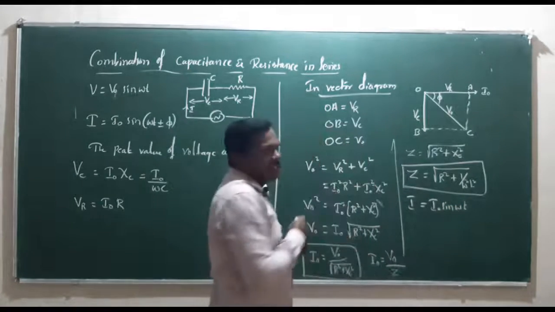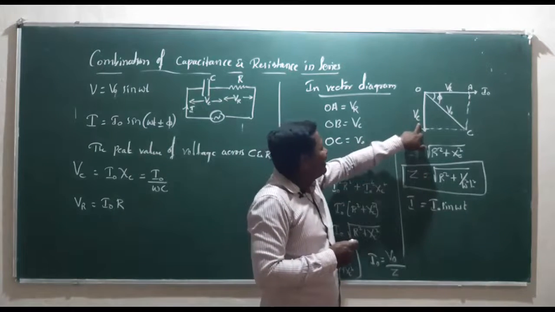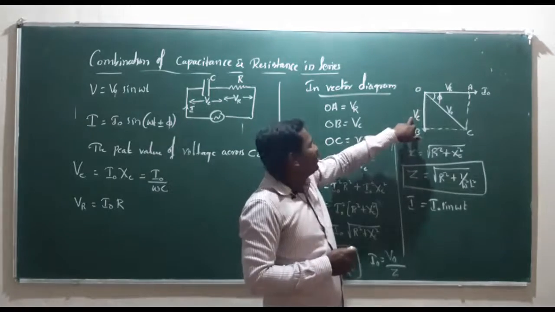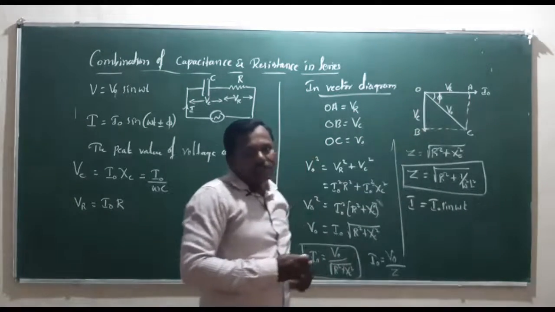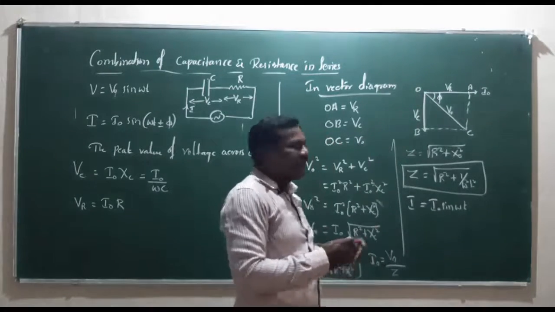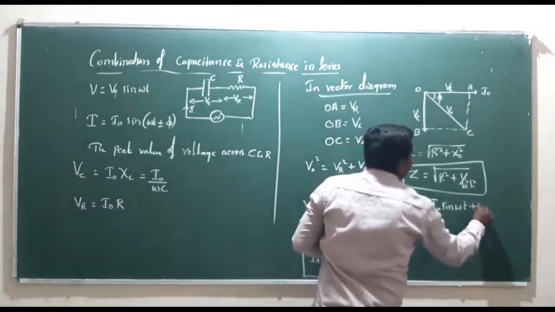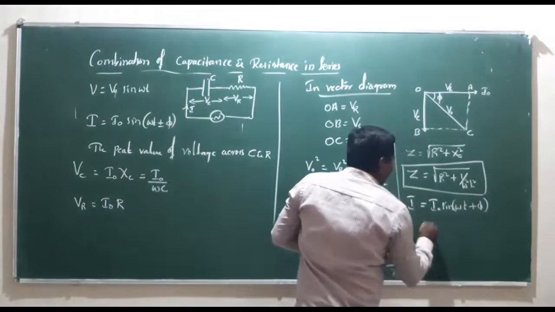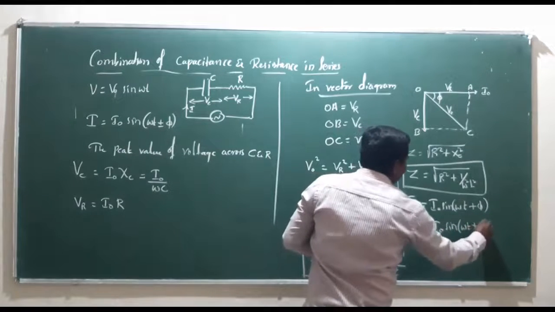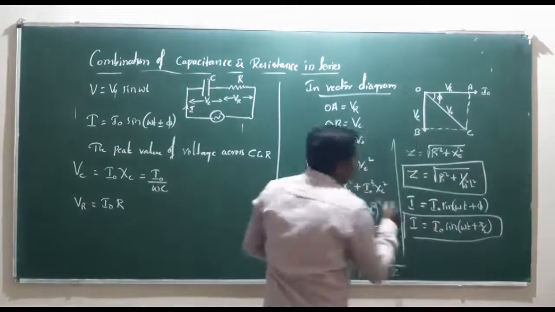The voltage across the resistor and the voltage across the capacitor are mutually perpendicular to each other. Therefore, the angle between these two is pi by 2. Here I naught sine of omega t plus pi by 2 is the expression for the current.